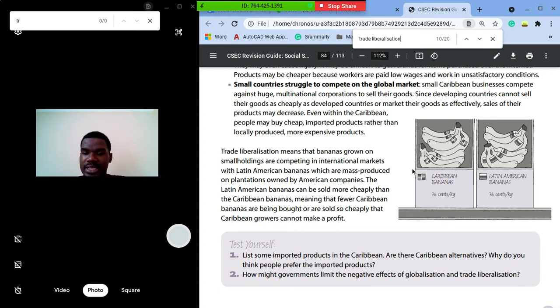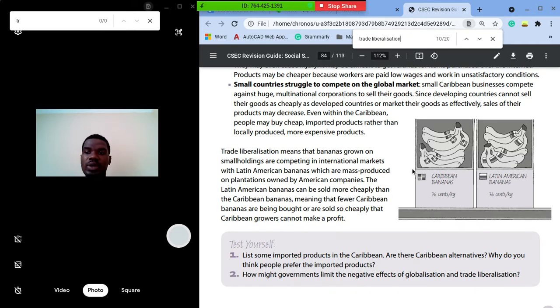And these bananas, you can argue, have less quality but are sold cheaper compared to the Caribbean bananas. And fewer Caribbean bananas are therefore bought. Because I know when you go into a store, you don't just look at quality, you look at the price. If goods are sold cheaper, you are more inclined to purchase them.